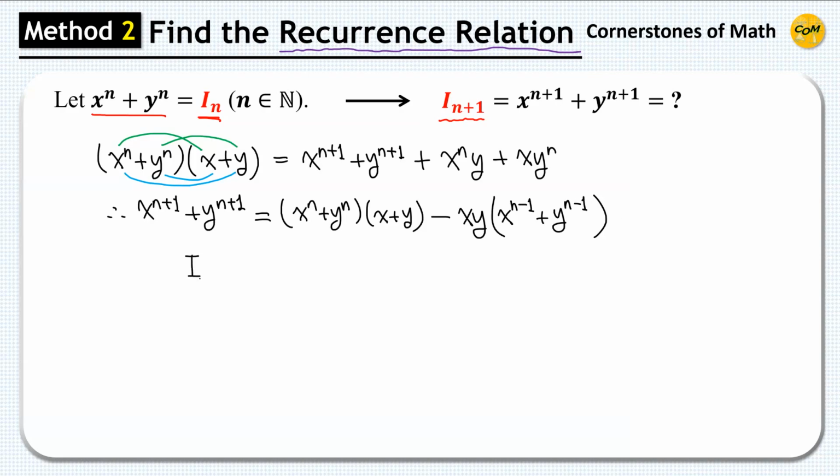So using I notation, we have I_(n+1) equals I_n times I_1 minus xy I_(n-1).